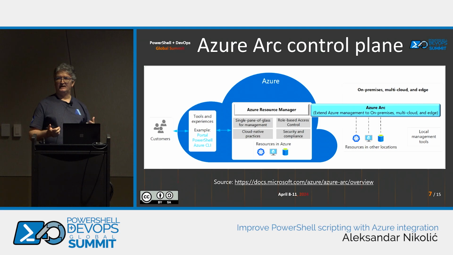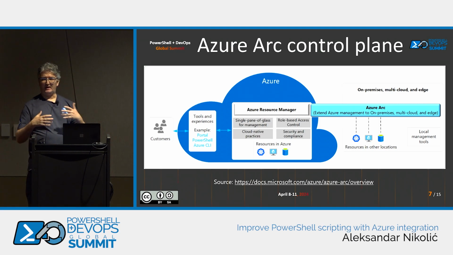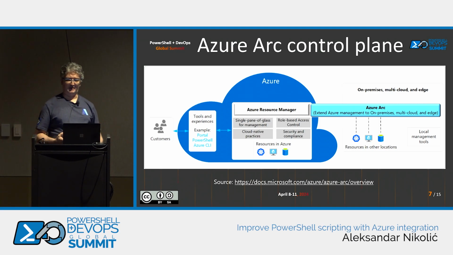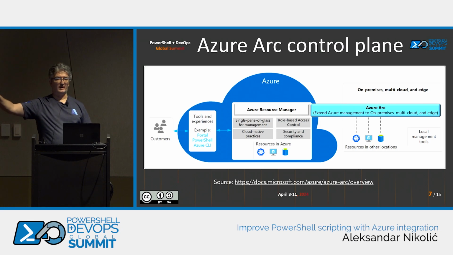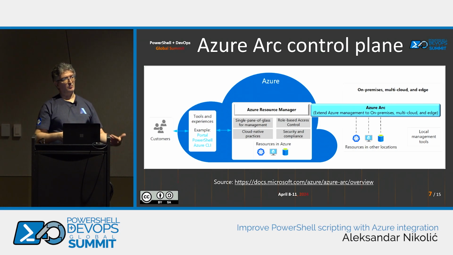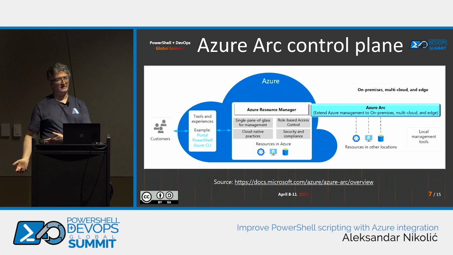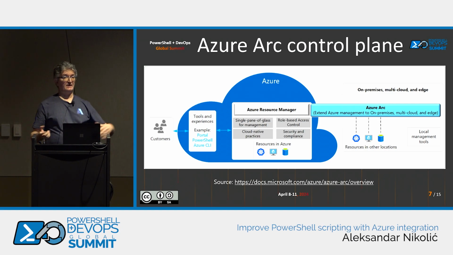Azure Resource Manager is the one used by default to manage resources in Azure. But then we have this projection when we enable Azure Arc to also work with the non-Azure things, and those servers that they have on premises are the resources that we want to put under that umbrella and control of Azure management.